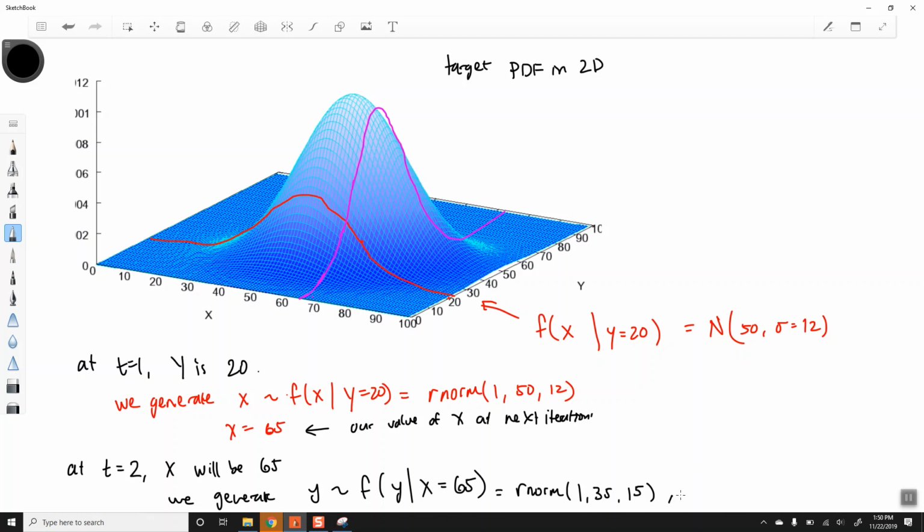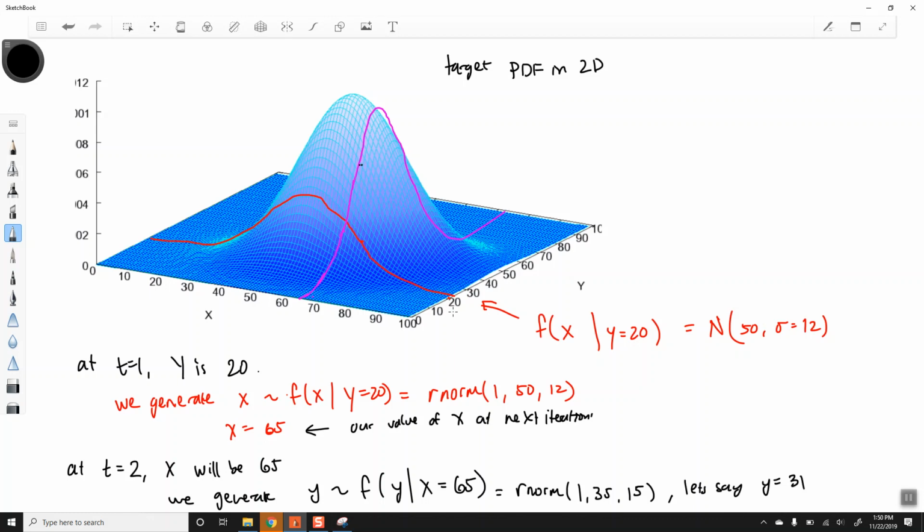Let's say y is equal to 31 or something like that. And then you'll repeat, but this time y is locked in at 31, and you're going to have a different slice here.